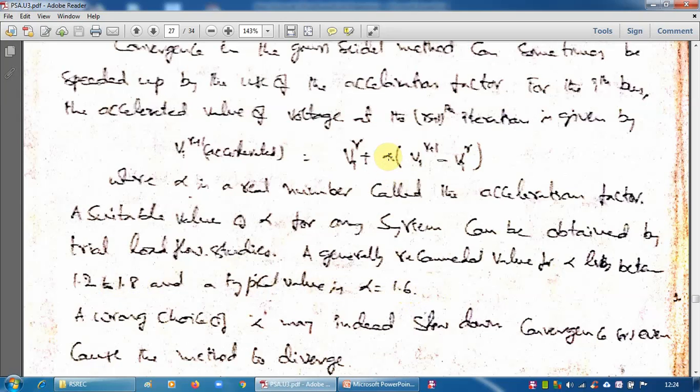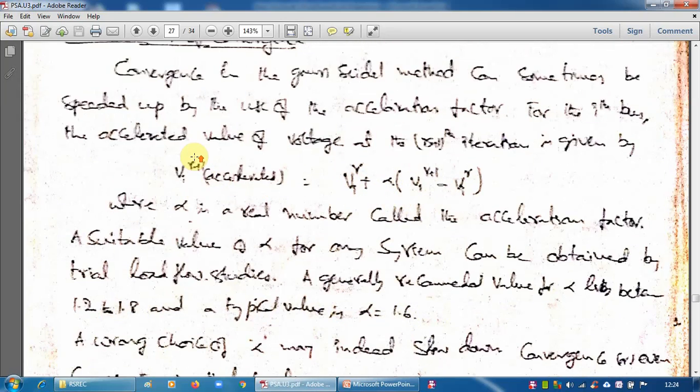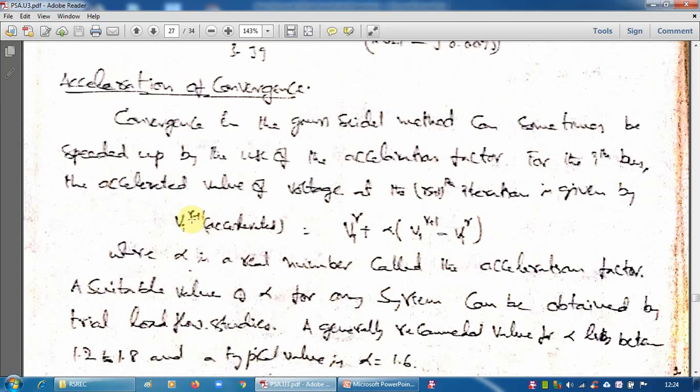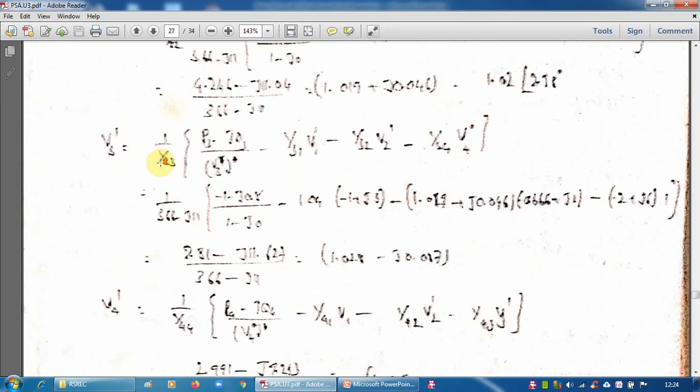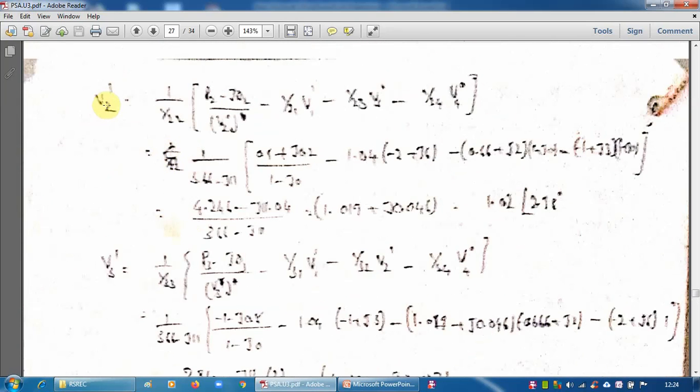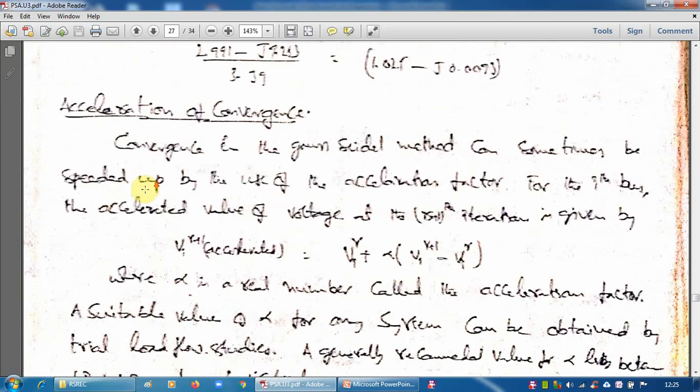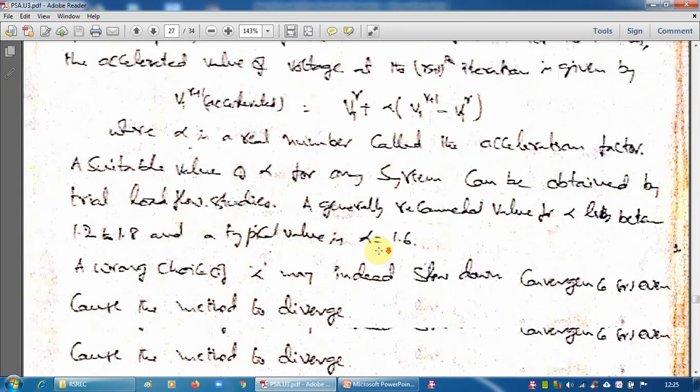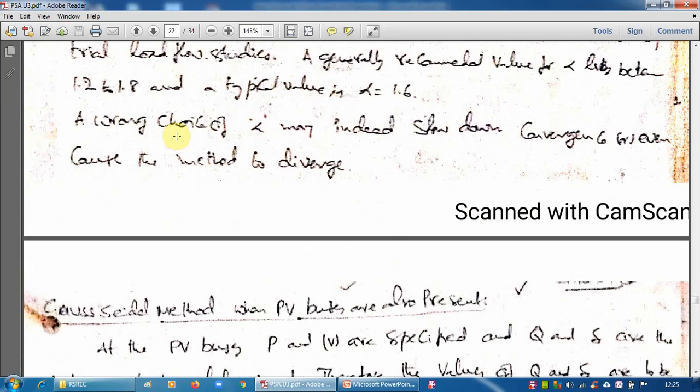So by taking 1.6 and using this expression, we can modify the value and then substitute. Here the V2 value is substituted in V3. Before substituting, this V2 value is converted like this and then substituted. We will get fastness in convergence. So that is about the acceleration factor.